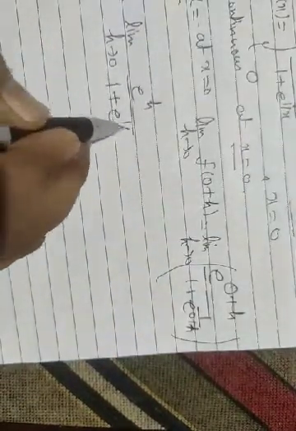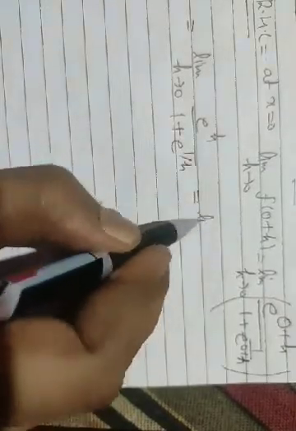Now what do we have? We have limit h tends to 0 of e to power 0 plus h upon 1 plus e to power 1 by h. To find the limit, I am going to take common e to power 1 by h from the denominator. To simplify, I take common e to power 1 by h.